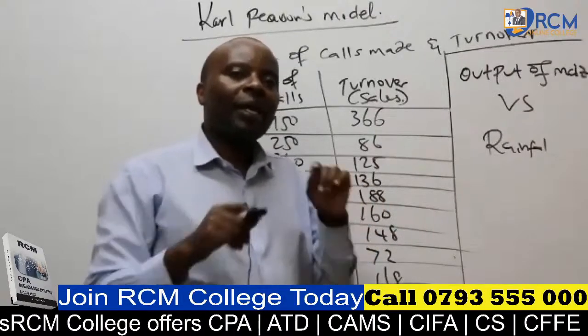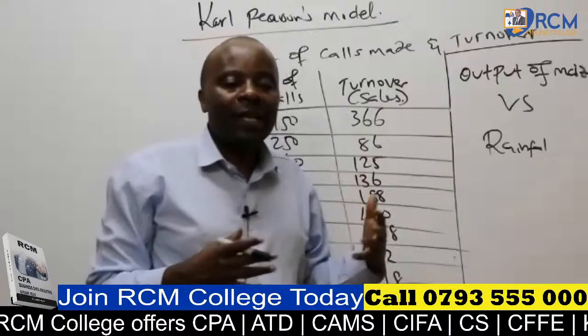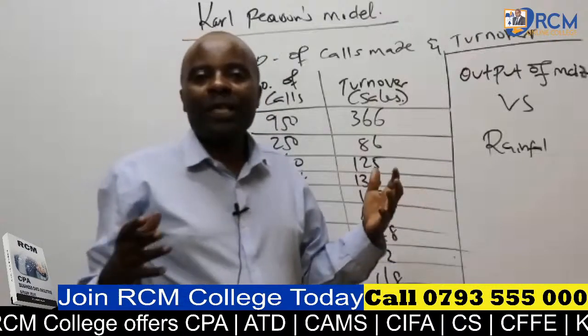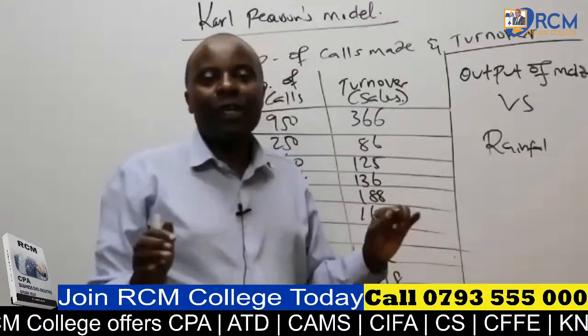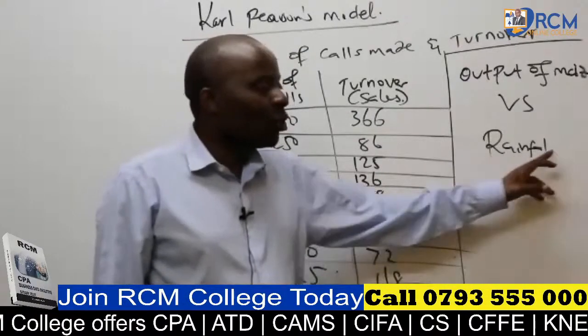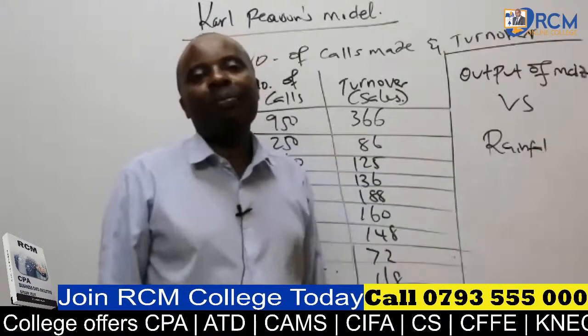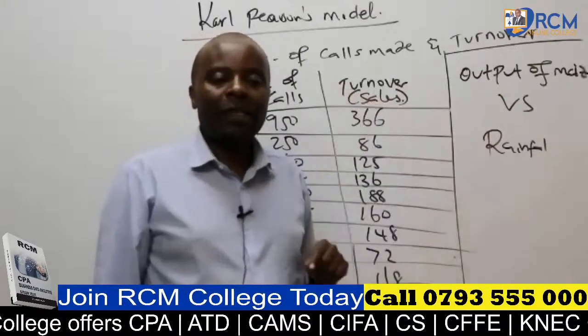Ladies and gentlemen, the amount of rainfall we're going to receive is an act of God. Whether you plant maize or cassava or grass or nothing, if rainfall is to be there, it has to be there. So rainfall here is independent. The one that depends on the other is maize.